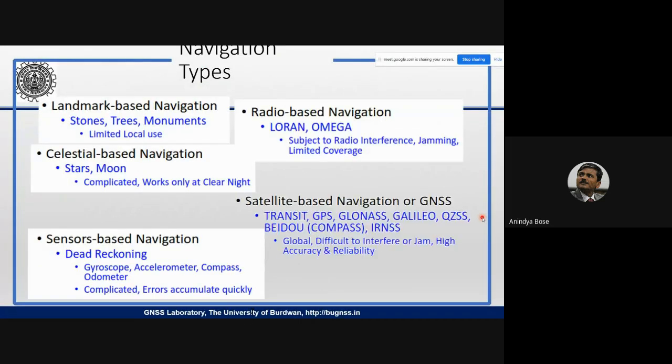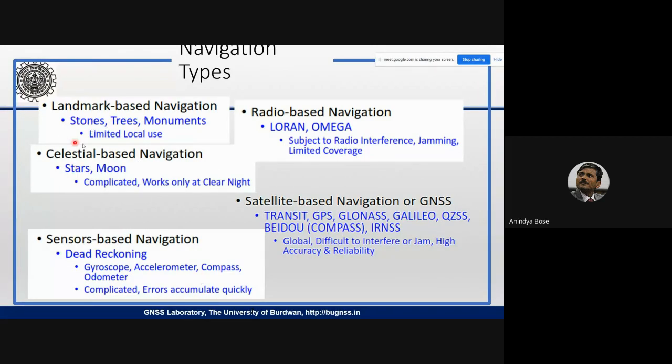Okay, so once again, if I put everything together, there is landmark based navigation, celestial based navigation, then came sensor based navigation using dead reckoning and other sensors like gyroscope, accelerometer, compass, odometer. The problem was complicated, errors accumulate quickly.